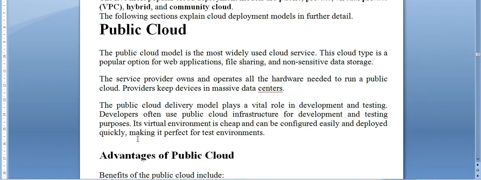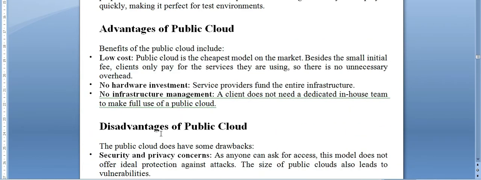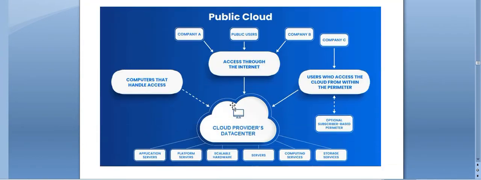And here, the virtual environment is very cheap and can be configured easily and deployed quickly, making it perfect for a test environment. Okay, so here you can see this is the public cloud, and this is the cloud provider's data center, and you access it through the internet.